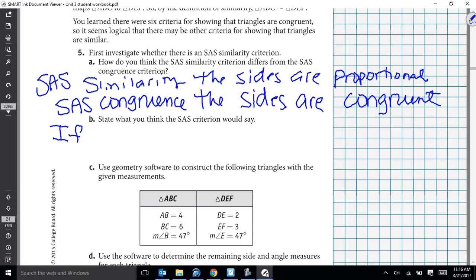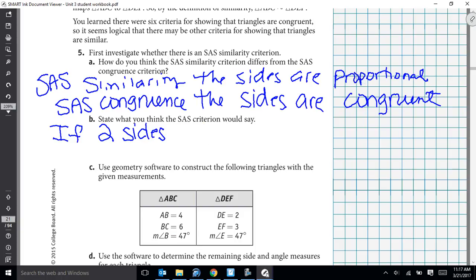All right, so how would this one read then if we're following that same format? So if two sides, right? Because it's side side. And is it any angle or is it a specific angle that has to be congruent? So if two sides.